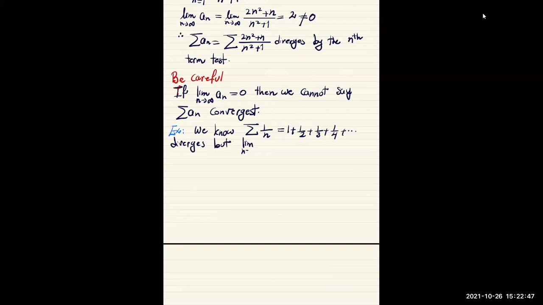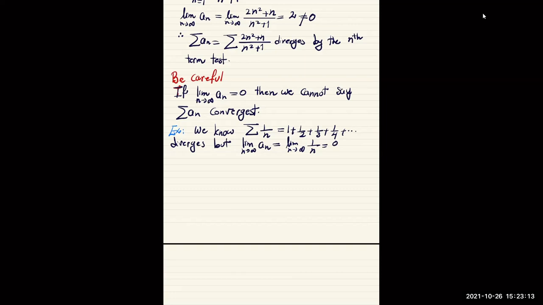The limit as n goes to infinity of a sub n is equal to the limit of 1 over n. 1 over n goes to 0 because the denominator gets big. Okay, so again, here we have a series whose nth term goes to 0, but it diverges.